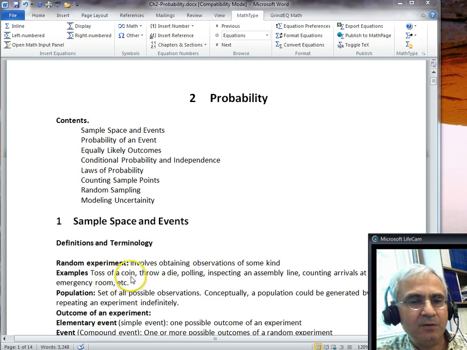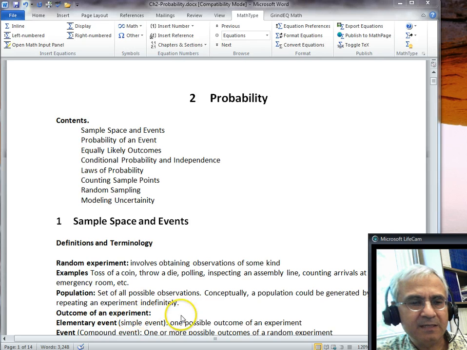Like if you toss a coin repeatedly, you're going to get heads and tails. So that's your population, heads and tails. If you throw a die repeatedly, you're going to get either a 1, a 2, or 3, or 4, or 5, or 6. This is your population, and so on.